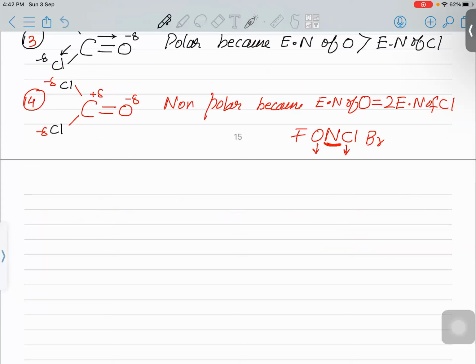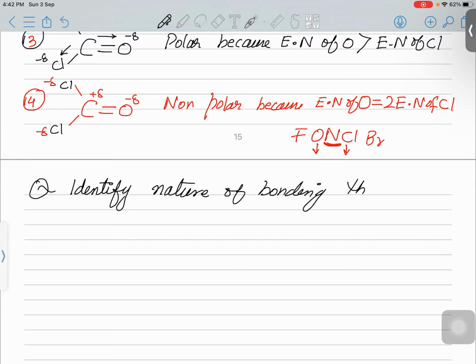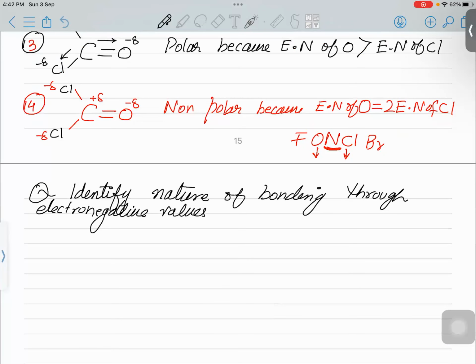Now, the next question is: identify the nature of bonding through electronegativity values.